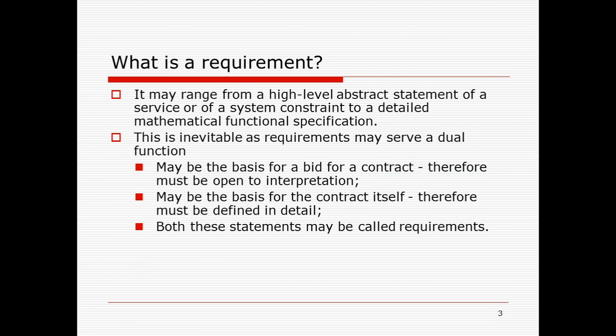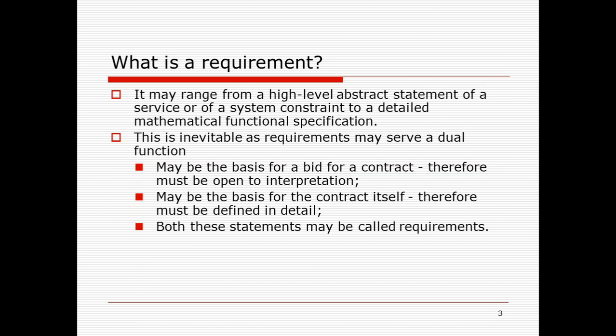But after the bid is sanctioned and a contract is granted to a particular party, the system developers will come up with their version of implementation of those abstract statements, so that it satisfies the customer team. That detailed statement of the requested services and the constraints of the system is also a requirement.